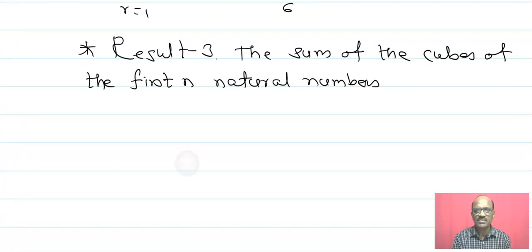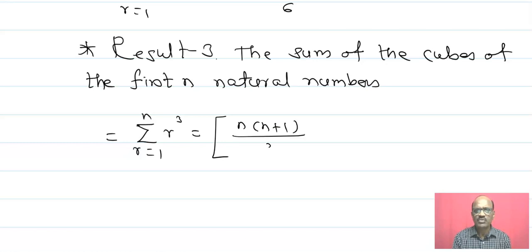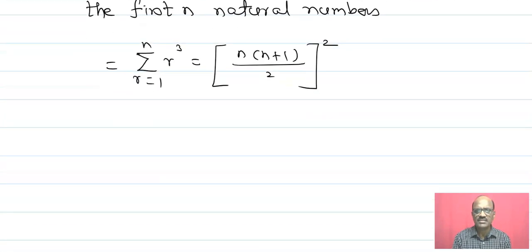First n natural numbers, summation r is equal to 1 to n of r cube is equal to in bracket n into n plus 1 upon 2, whole bracket square. These are the three results.